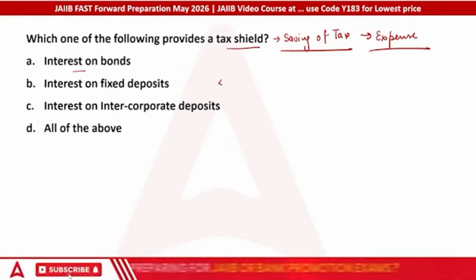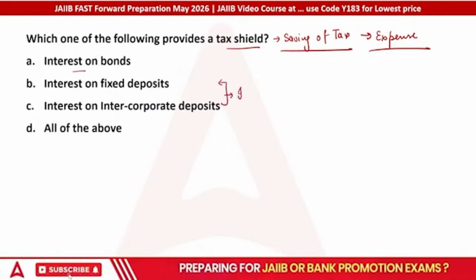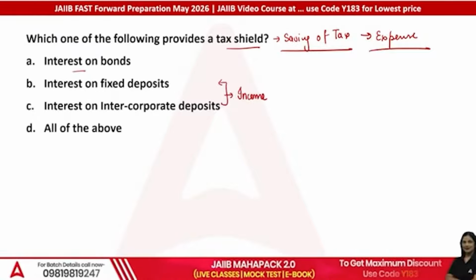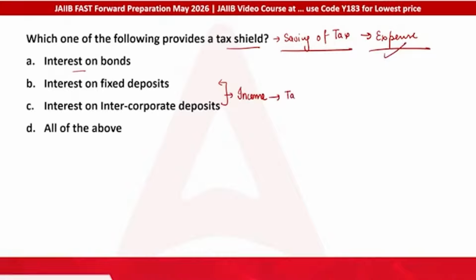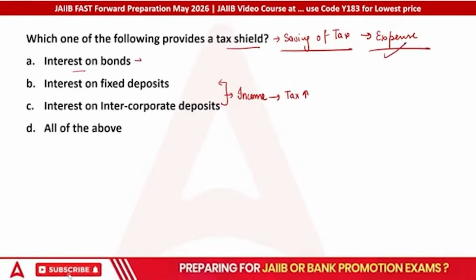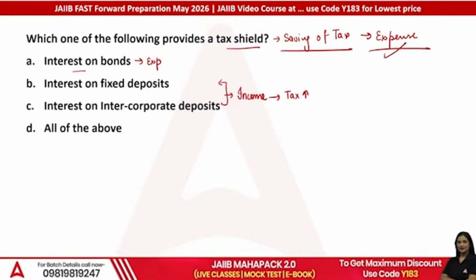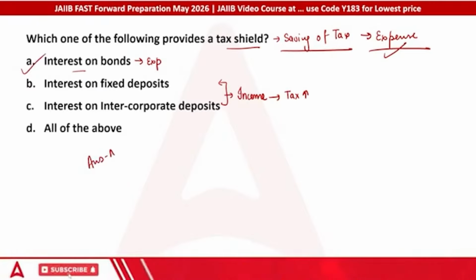These two are your income. Income will not save your tax, expense would. Income will increase your tax. Interest on bond is an expense, right? So answer A.